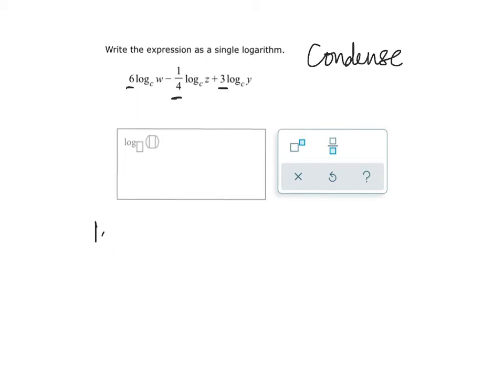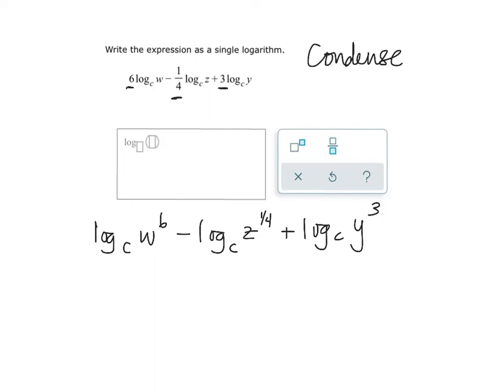So we're going to write log base c of w to the 6th power minus log base c of z to the 1/4 power plus log base c of y to the 3rd power.